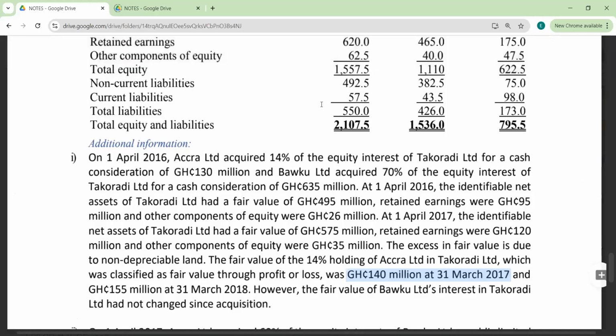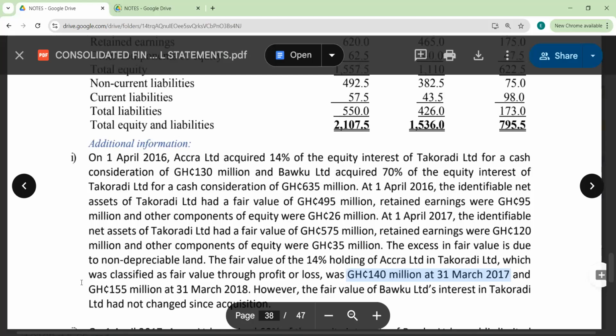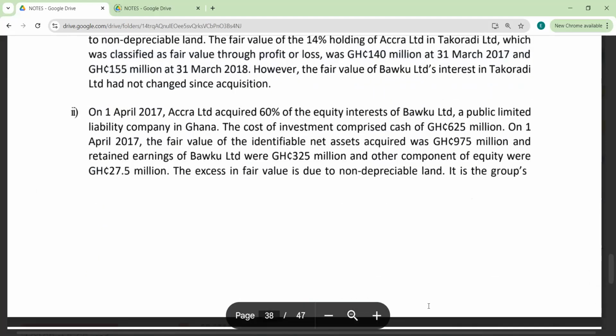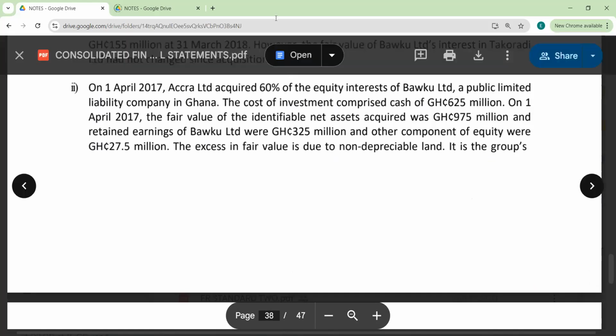Before you continue the story, now we'll talk about this fair value of the investments. Go to the next footnote. Now, on 1st April 2017, Accra Limited acquired 60% equity interest in Boko Limited, a public limited liability company in Ghana.